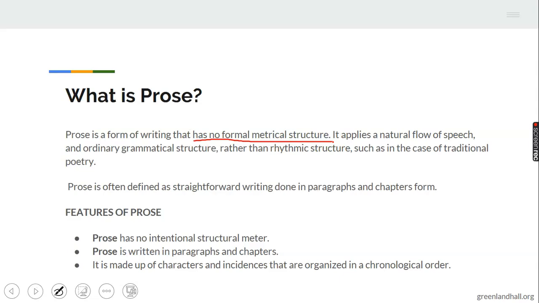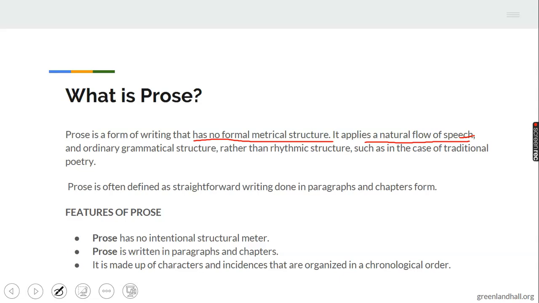It is not a poem that is metered, not a play that is written in acts and scenes. It has no permanent structure, and it's one that allows for natural flow of speech. You write from now to tomorrow. You are free to flow, natural flow of speech.